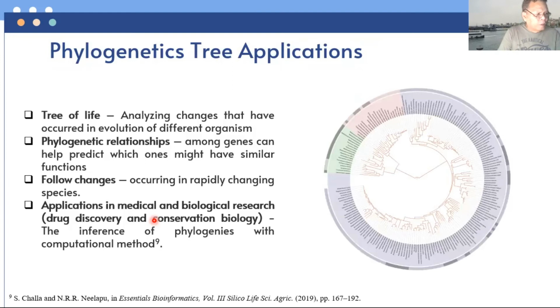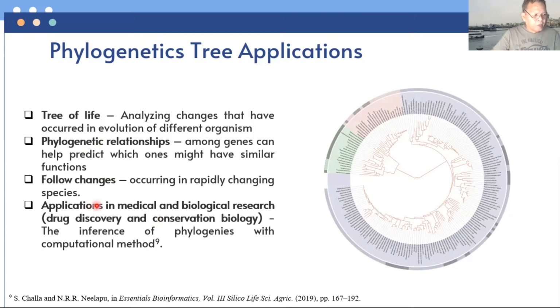Second, phylogenetic relationships among genes can help predict which ones might have a similar function. Then, following changes occurring in rapidly changing species. And the last, applications in medical and biological research, such as drug discovery and conservation biology.